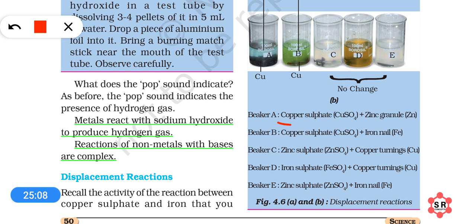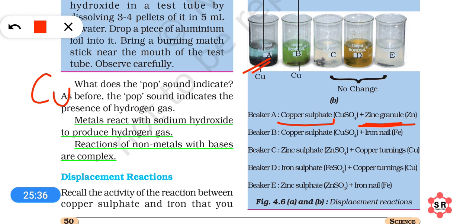We will see that in copper sulfate, when zinc granules are put in, a brownish covering forms around the zinc granules, and the copper sulfate that was initially blue in color fades. So one reaction is going on. What reaction is going on?